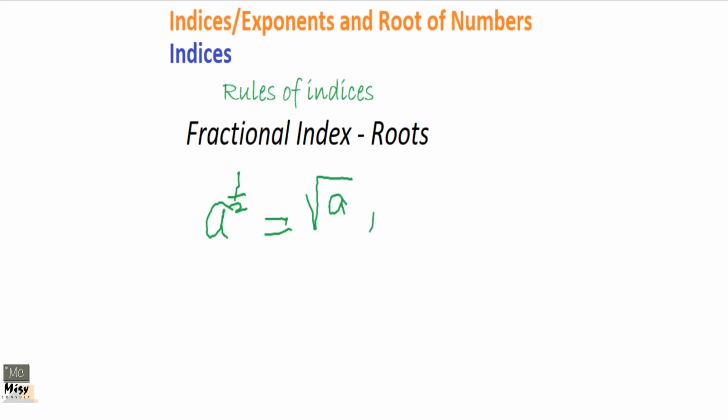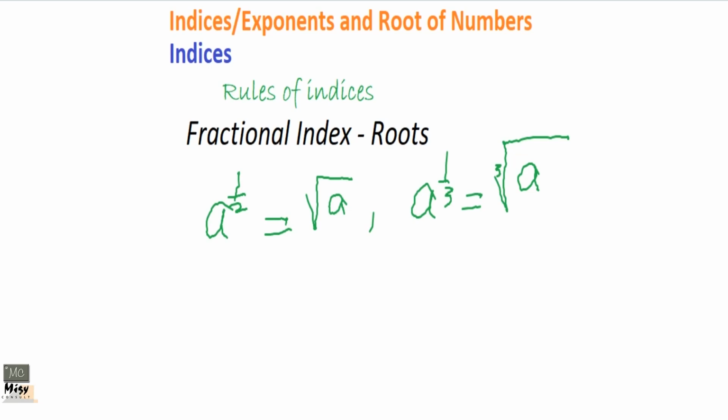This is a simple one. So when we have a raised to the power 1/3, it is the same as the cube root of a. The same way when you have the cube root of a, you can write it back this way. That is all.